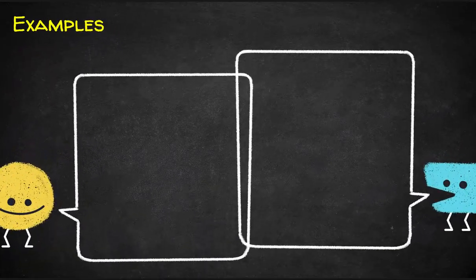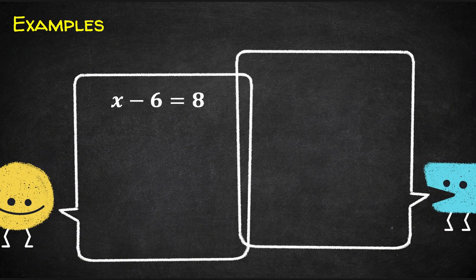Our first example: solve for the value of x given the equation x minus 6 is equal to 8. As you can see here, we can apply the addition property of equality, because we need to solve for the value of x. In using APE, we just need to add the opposite of negative 6.